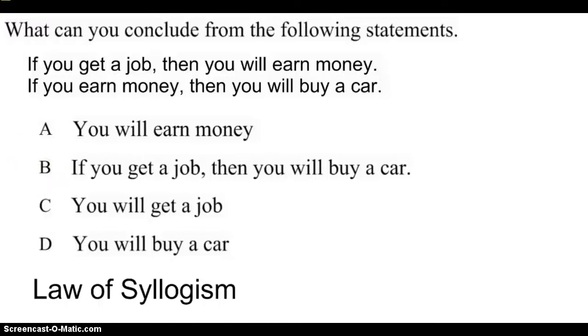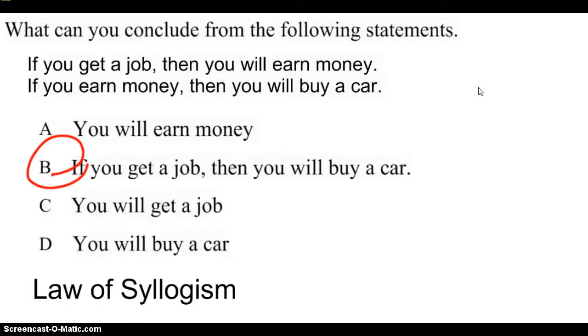Hopefully you see that it is B. If you get the job, then you will buy a car, because you're taking the conclusion, repeating the conclusion, and adding your own new conclusion. So why not just cross out the middleman, and now if you get a job, then you will buy a car. And that's what the law of syllogism says.